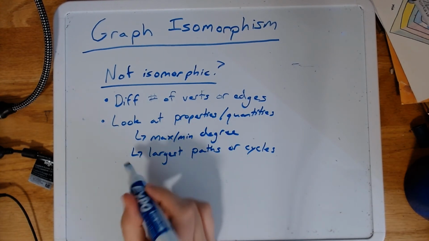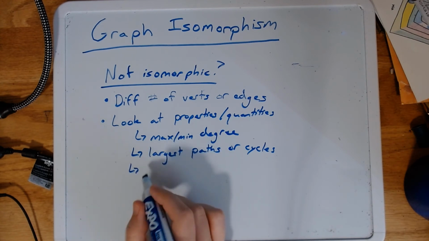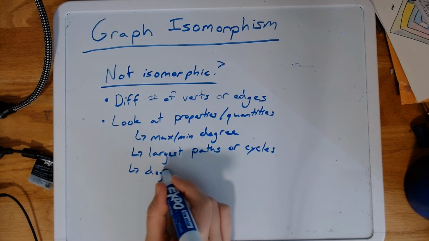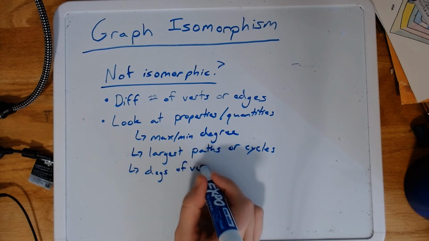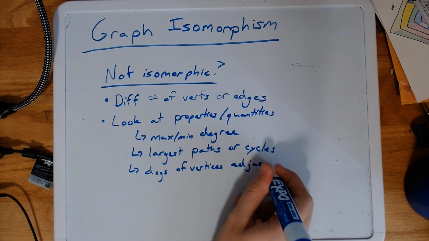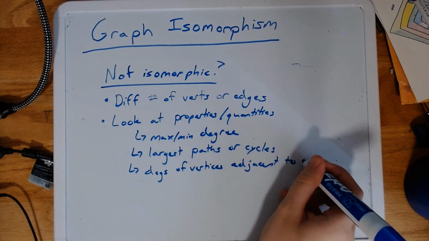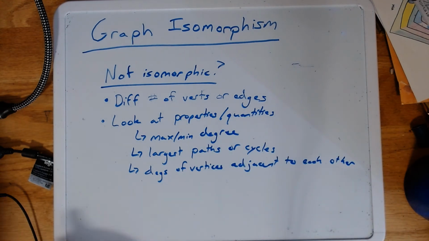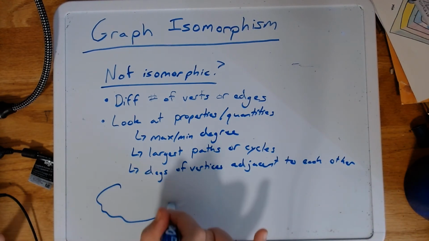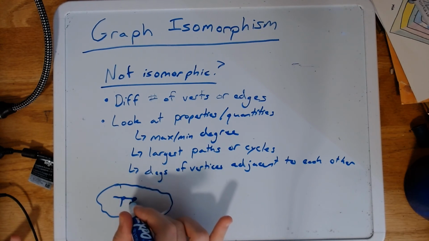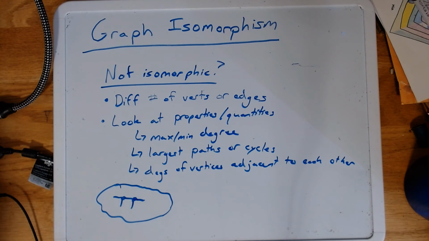Going back to degree, we could look at degrees of vertices adjacent to each other. What do I mean by that? So if in one graph I have some big graph here, I have a vertex here that has degree 3 and a vertex here with degree 3.